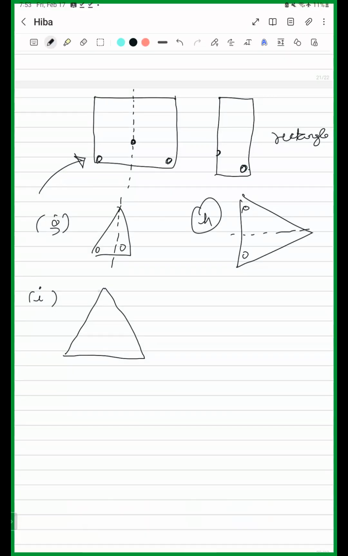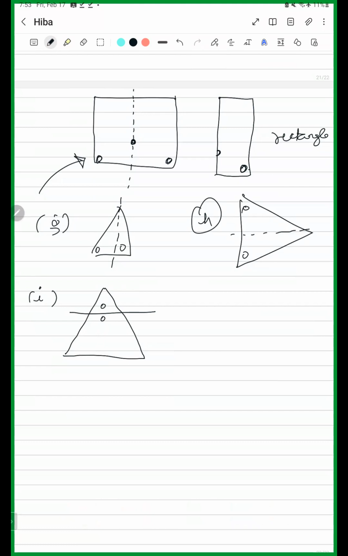Okay, so that's okay. This and this. How do we have to fold the paper? Horizontal. How will you do it horizontally? It won't be a line of symmetry. How is this top portion symmetrical to the bottom portion?